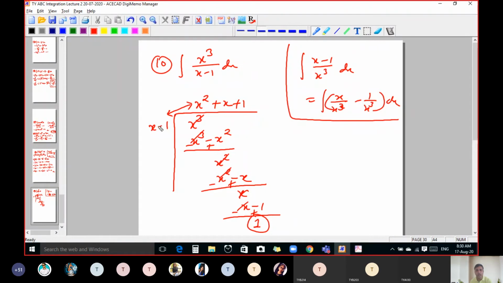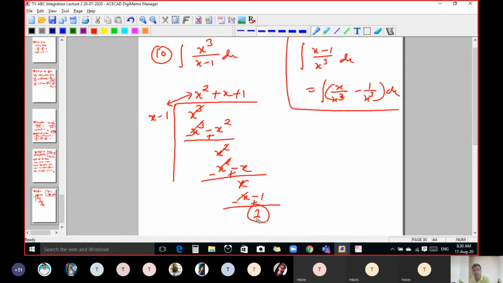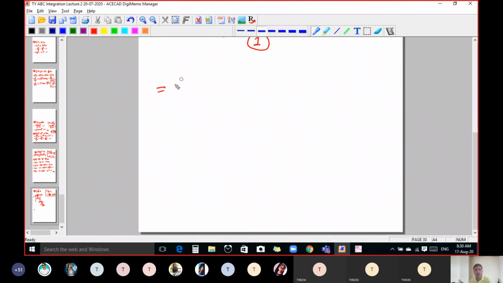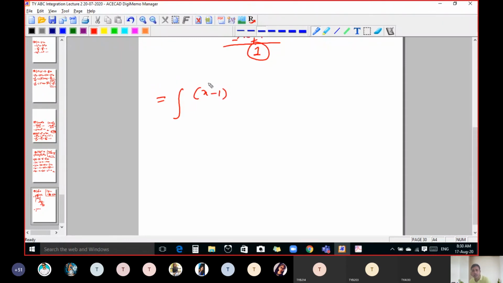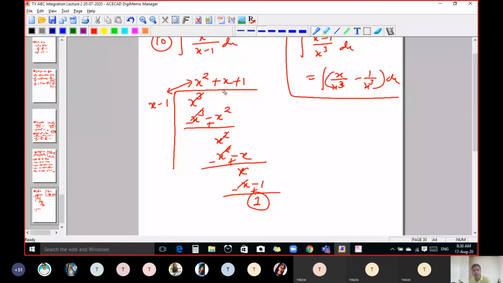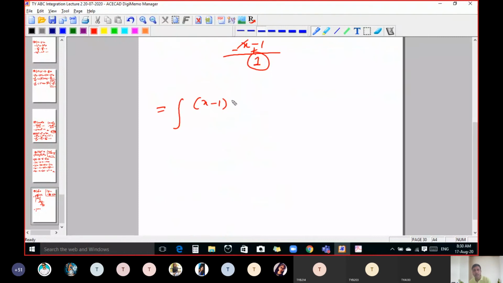So our question now becomes, instead of x cube, what we have to write? x minus 1 into x square plus x plus 1, plus this remainder. This is remainder 1, and keep this x minus 1 as it is.